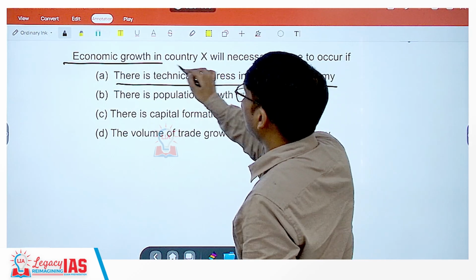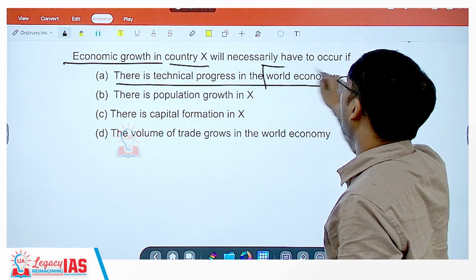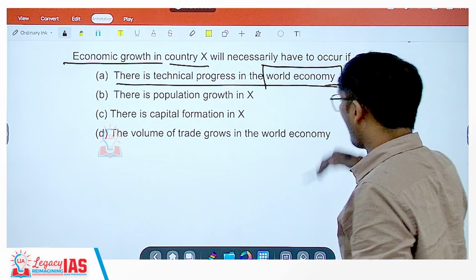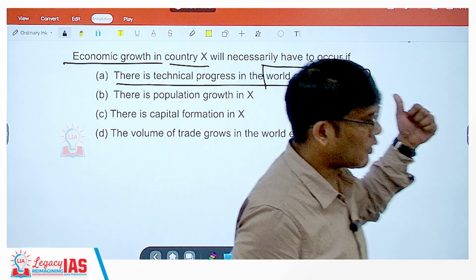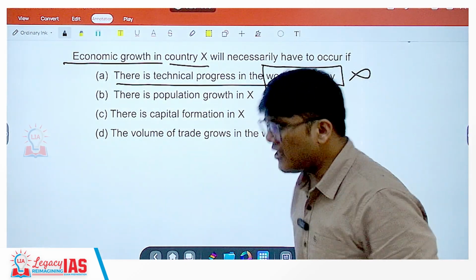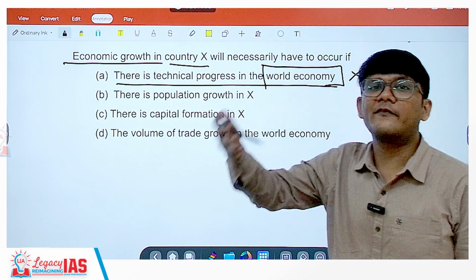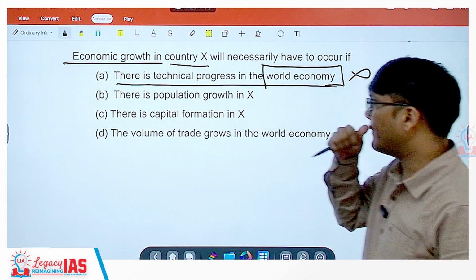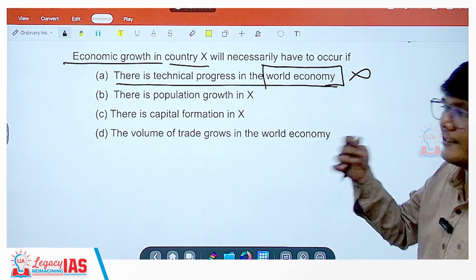See, here they are asking about economic growth in country X, but then talking about technical progress in the world economy. So again wrong, because the world in general can have technical progress, but the economy X need not necessarily be progressing. If they had said country X, then we could have given it a thought. But even then, technical progress need not necessarily lead to it.